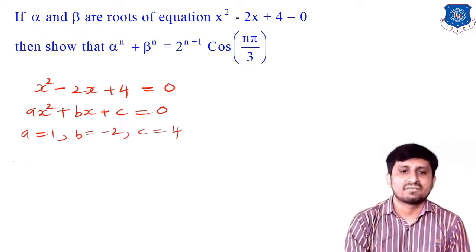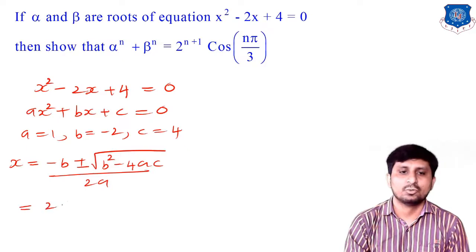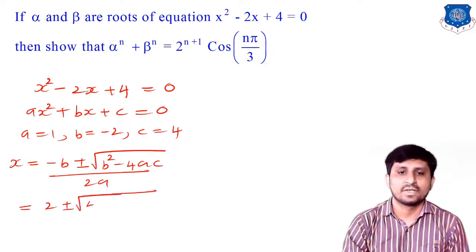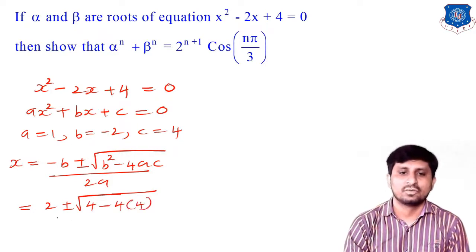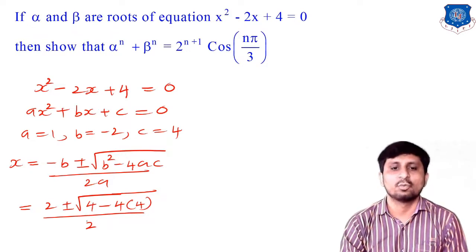And that's why the value of x is minus b plus or minus square root of b square minus 4ac, divided by 2a. So that is 2 plus or minus square root of 4 minus 4 into a into c, that is 4 into 1, divided by 2a, so 2 into 1, so 2.